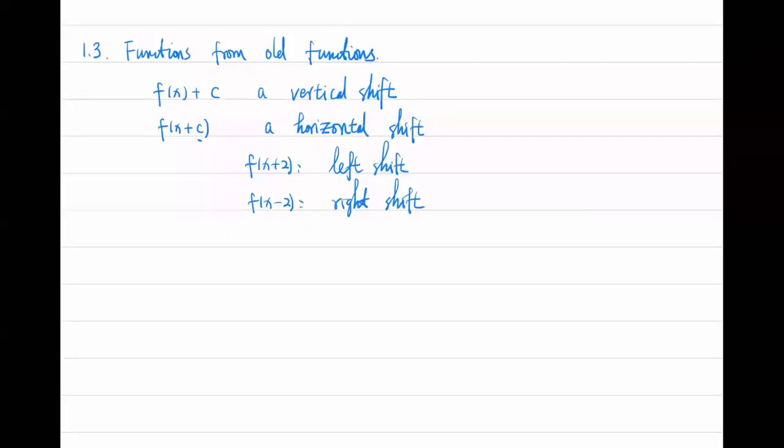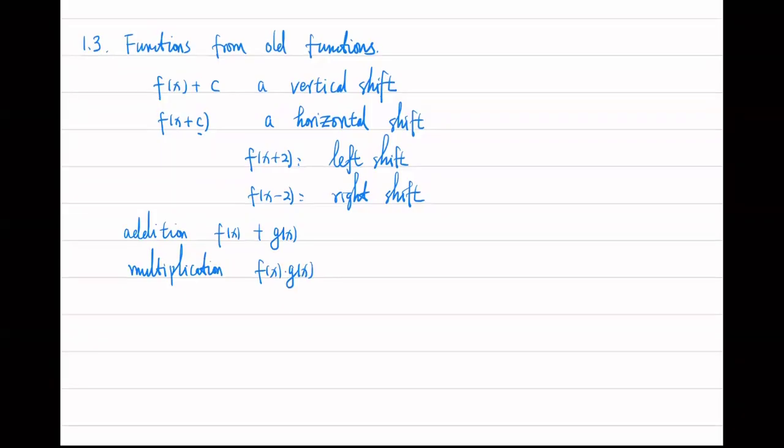And we can add, multiply functions. Addition: two functions, we can add them. And the multiplication: we multiply the numbers, get a new function.